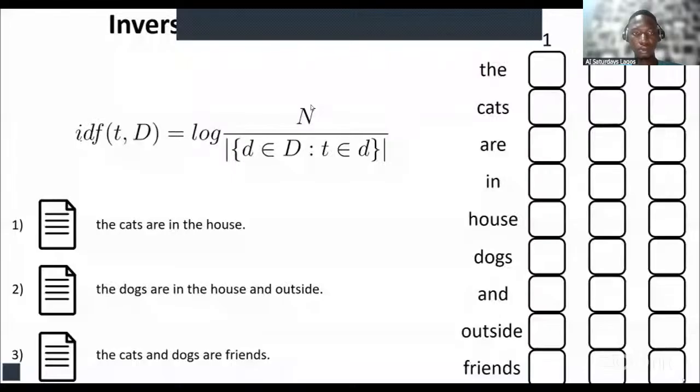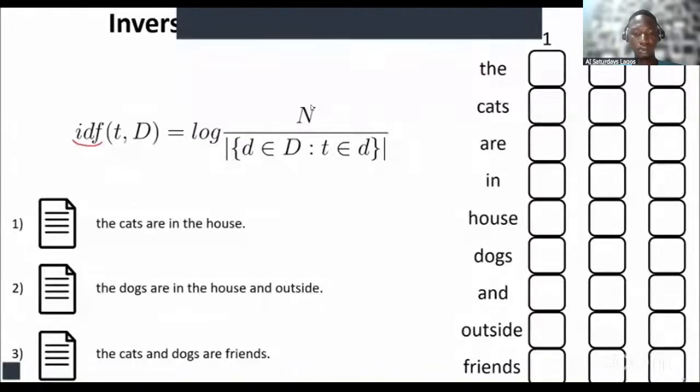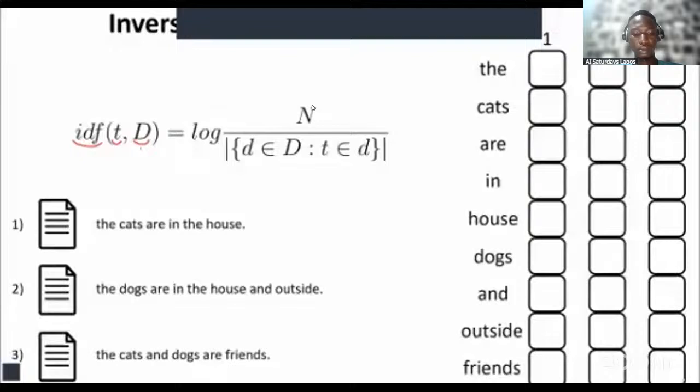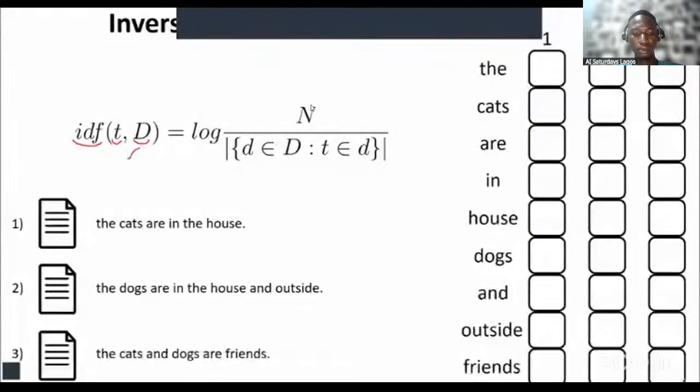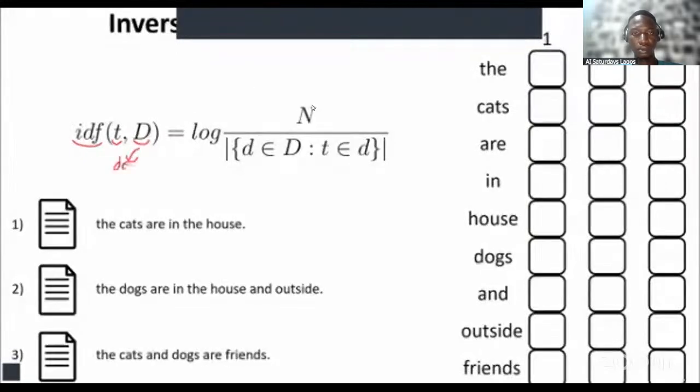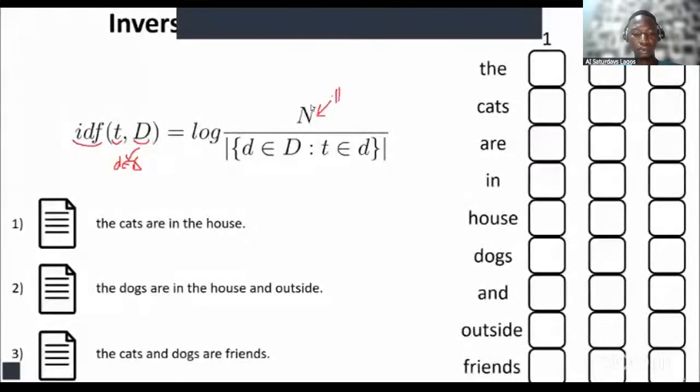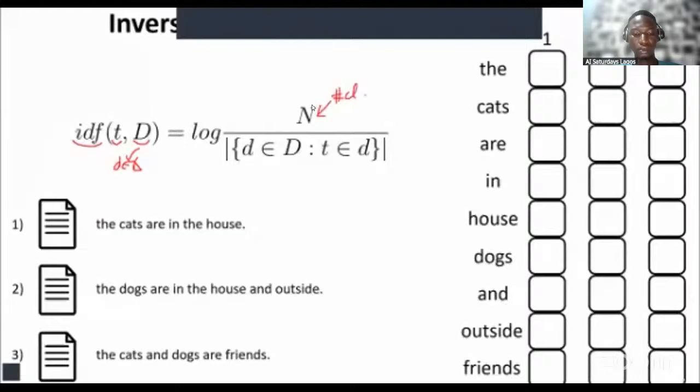So what we have here in IDF, it takes as input the term T, capital D, and this D is different from the one used in the term frequency formula. Here D represents all the documents in our corpus and represents the total number of documents.